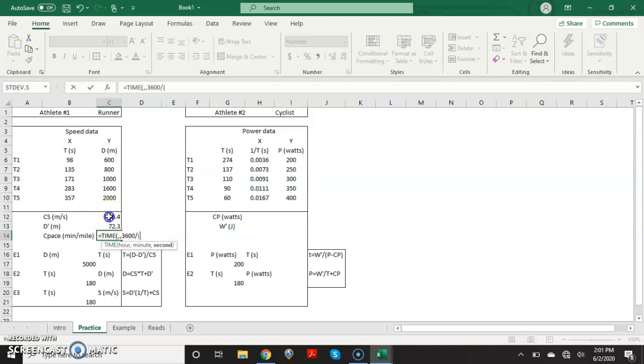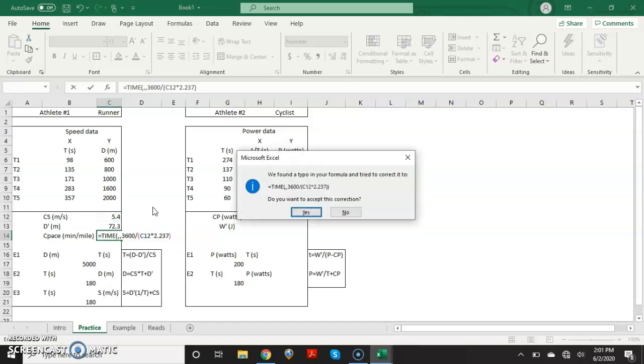And then you want to convert this into miles per hour times 2.237. And I simply got that number, this 2.237, from the fact that there's 2.237 miles per hour per meter per second.